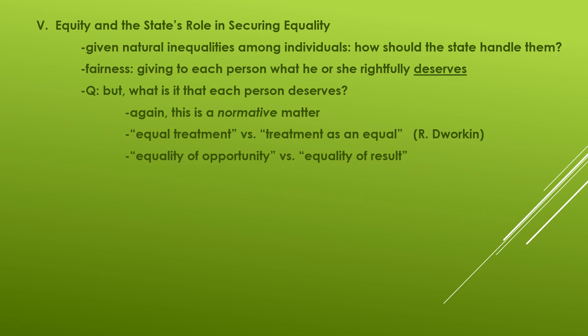We should treat them fairly, but what does it mean to treat them fairly? Is treating them fairly giving everybody the equal shot, the equal opportunity to succeed? Or is our model of society based on equality? Are we going to call it fair only if we get the equal results? That's a big difference. Equality of opportunity and equality of results.